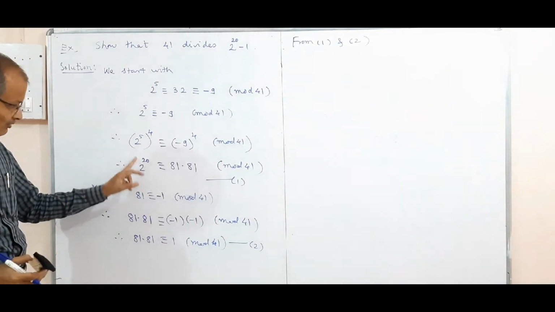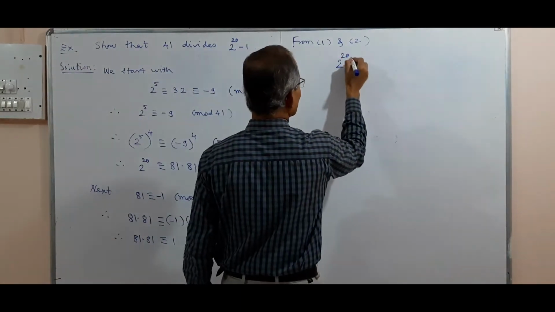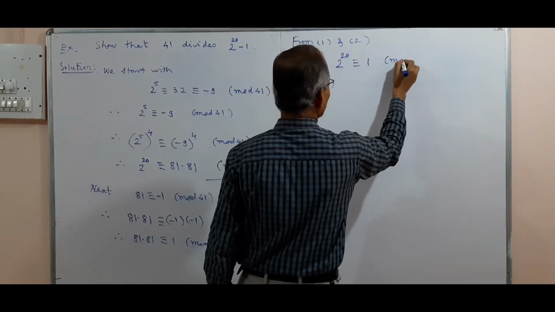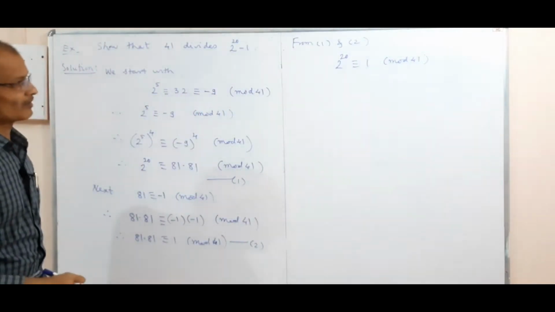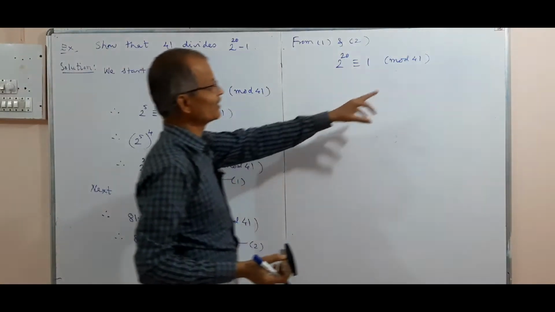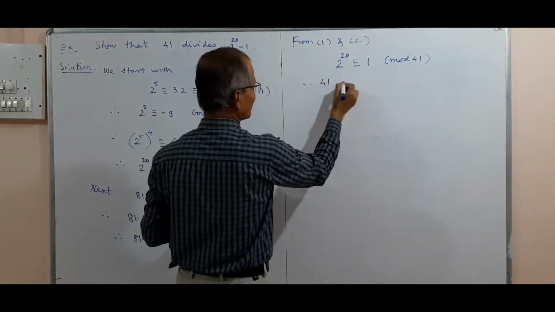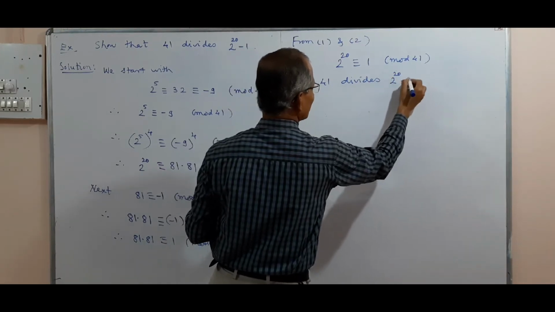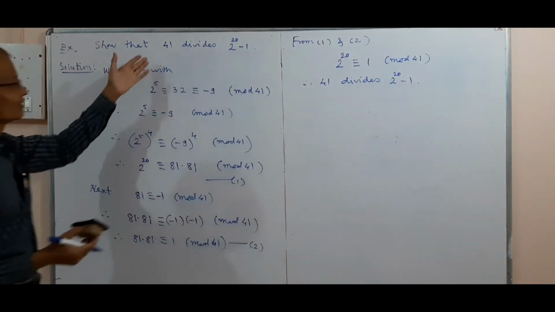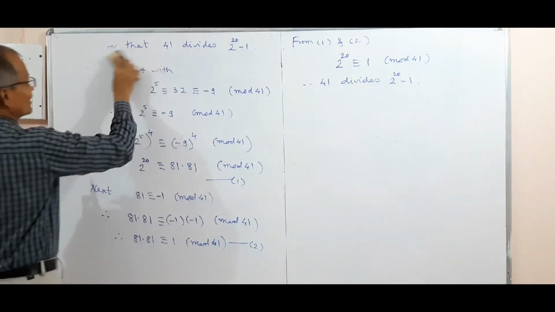So therefore 2 raised to 20 is congruent to 1 under modulo 41. And thus this proves the result that 41 divides the difference of these two, and therefore 41 divides 2 raised to 20 minus 1, and that is the required result. So this is about an example.